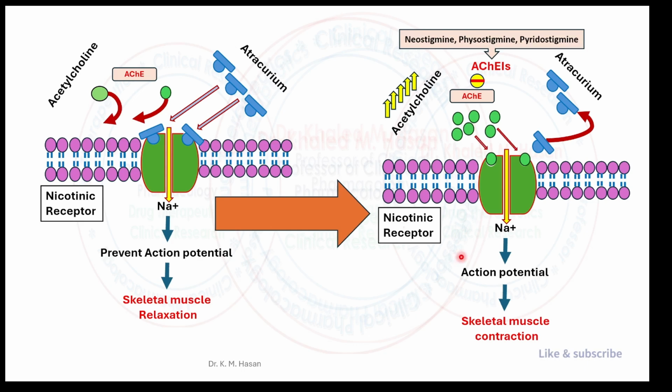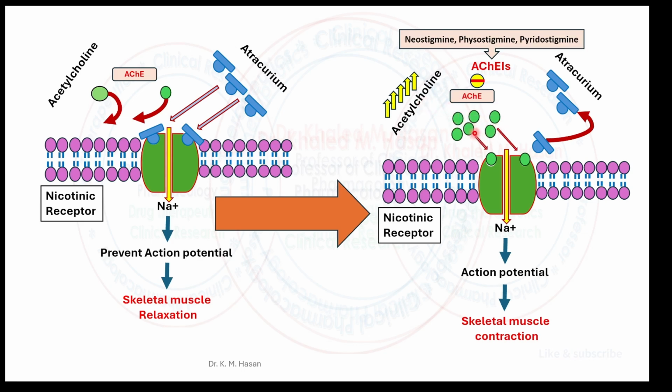So what can we do to increase the level of acetylcholine at the synapse? The best way is to prescribe an acetylcholinesterase inhibitor, AChEIs. If we prescribe neostigmine, physostigmine, or pyridostigmine, this will inhibit the enzyme responsible for the metabolism of acetylcholine, and the acetylcholine concentration will increase, following the law of mass action.